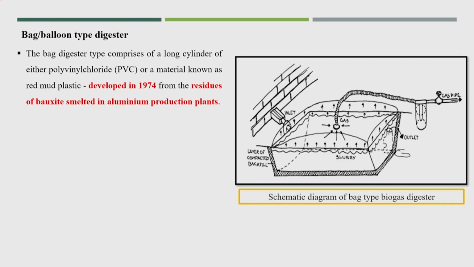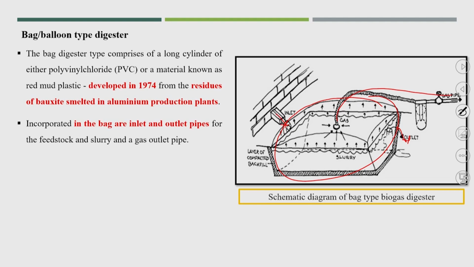The idea was that this is the balloon. Here the waste will enter into the balloon and degradation will take place inside the balloon, and the gas will be produced, and there will be one outlet. Also, this is only a simple digester.